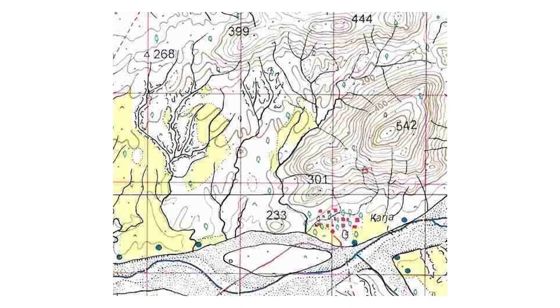Let me show one example. The target may be in the northern direction, and the observation point is here. In this case you need to use the half circular protractor twice, or you can use a circular protractor, which has a maximum value of 360 degree.